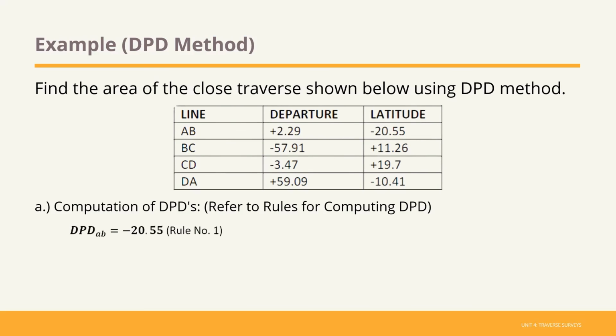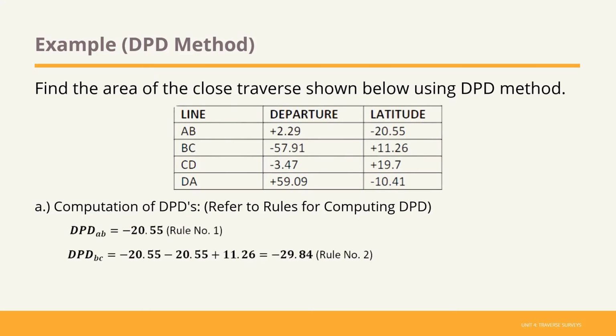In getting the DPD of line AB, as stated in rule number 1, the DPD of the first course is the latitude of the course itself, which in this case is equal to negative 20.55.